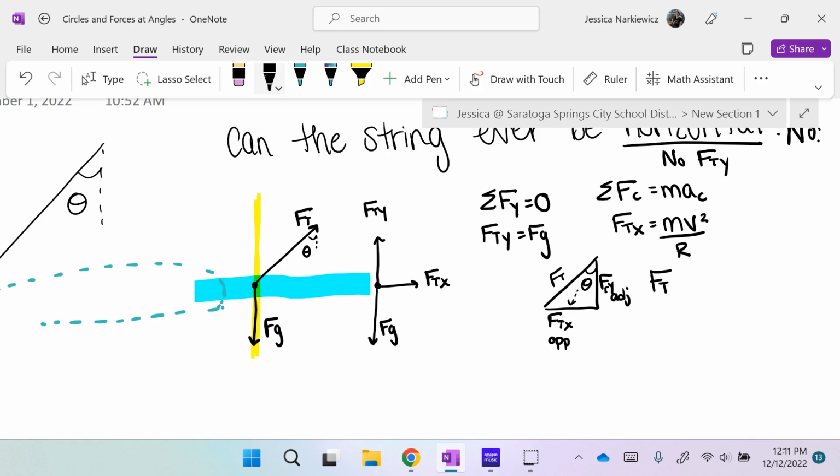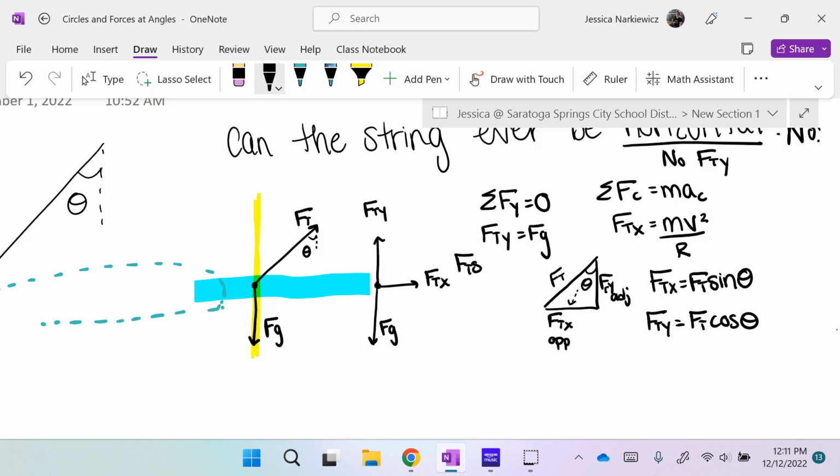So Ftx ends up being Ft sine theta, because sine is opposite over hypotenuse, and then I can cross multiply. And the y component is Ft cosine theta.